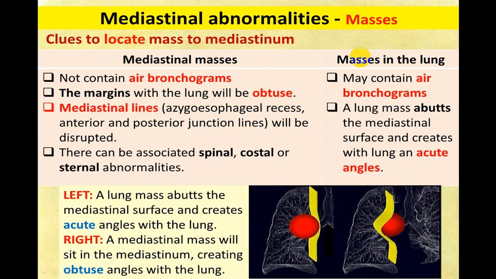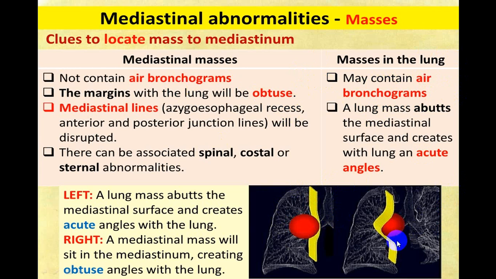And if it is arising from the lung, it will produce pressure from the lung side. So it may contain an air bronchogram. This particular mass may contain an air bronchogram because it belongs to the lung, while a mass which is arising from the mediastinum does not have an air bronchogram. So this is one way of differentiating.